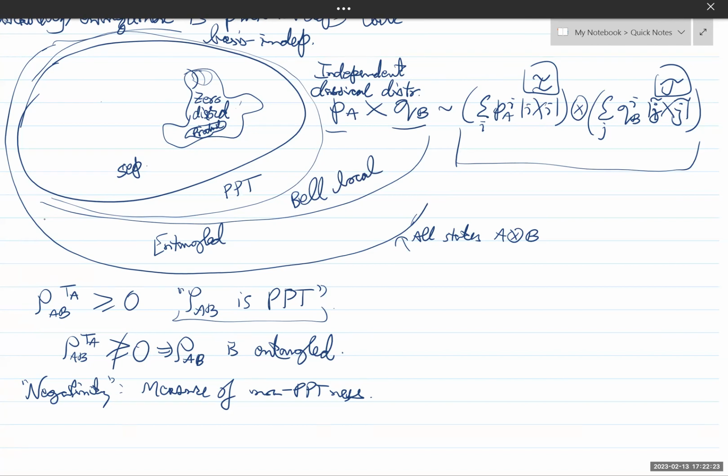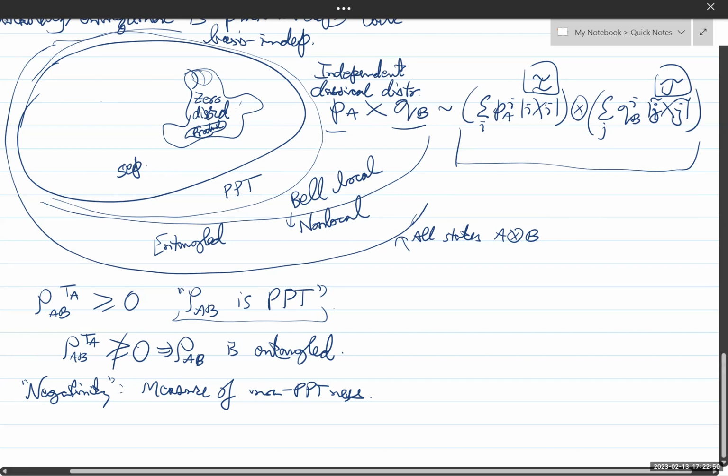There are some that are Bell local, and stuff outside of it are non-local in the sense that there exist Bell inequalities that states outside of the Bell local set would violate. But all PPT are Bell local? I'm not sure about that actually. I don't know about the mutual relationship between PPT and Bell local, but okay.